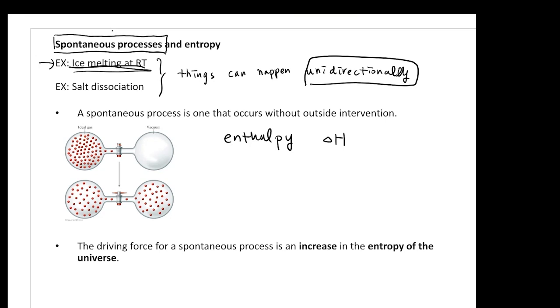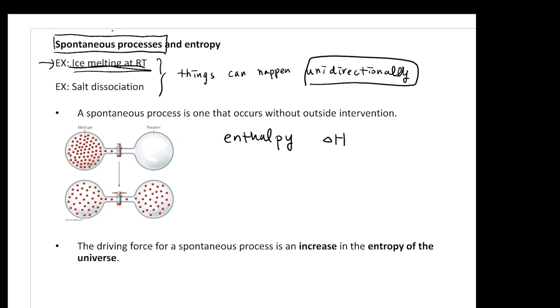Typically, if your delta H is negative, then it is an exothermic reaction, then probably it will be spontaneous. That was actually the wrong concept people had a long time ago, because later on they observed that reactions can happen spontaneously regardless of whether delta H is positive or negative. Starting from there, they realized that delta H alone is not a good parameter to use to predict whether a reaction is spontaneous or not.